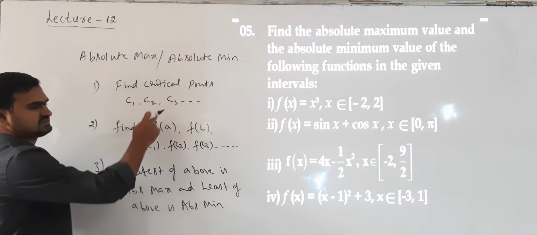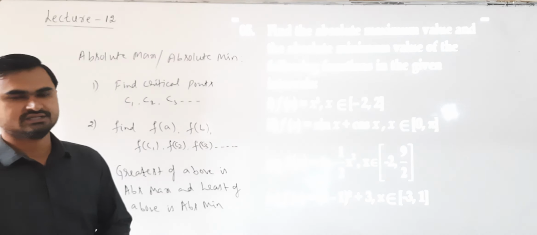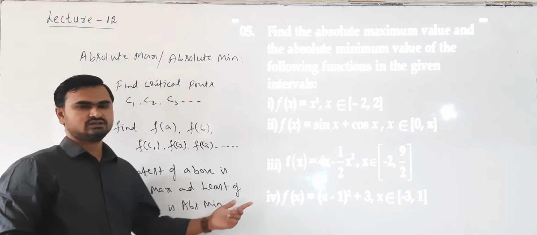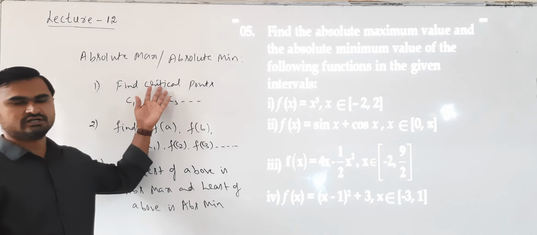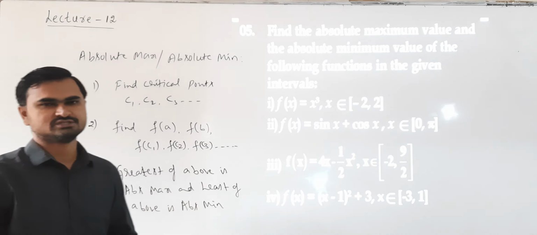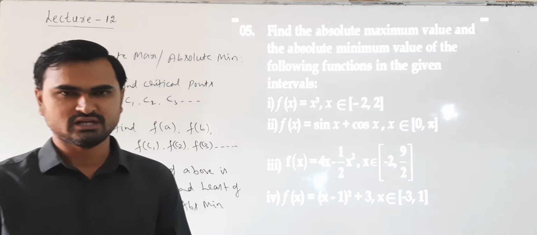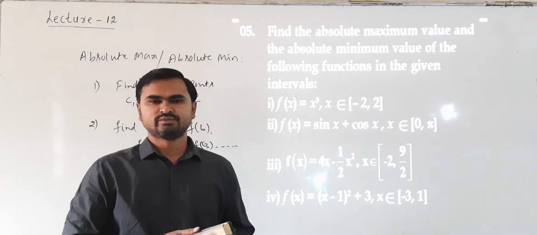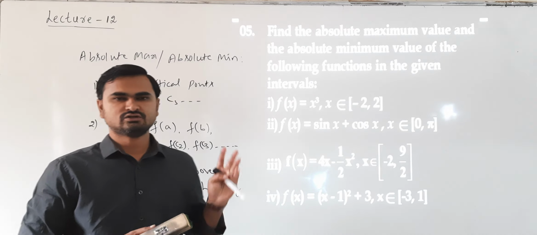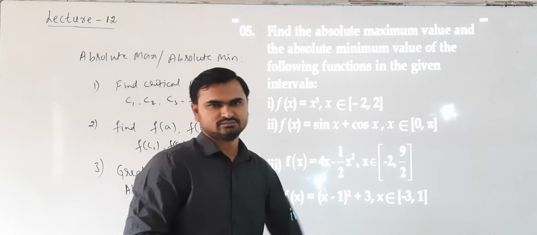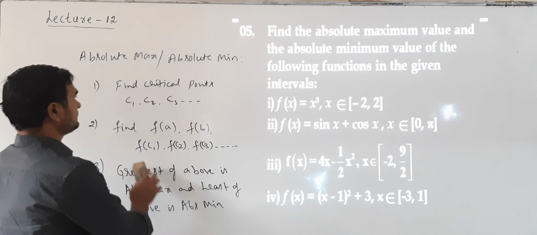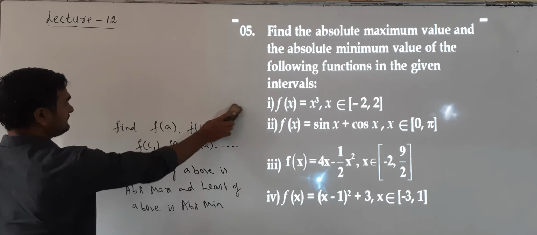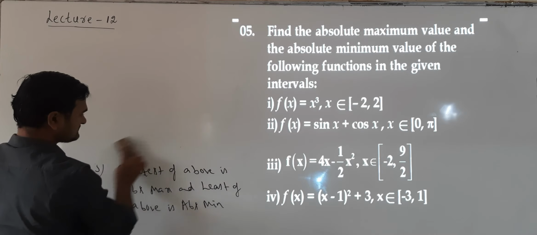So of all these values, whichever is greatest is the absolute maximum value, and the least value is called the absolute minimum value. So this is the working method we have seen for finding the absolute maximum and absolute minimum. Clearly understand the difference between local maxima and local minimum, and absolute maximum and absolute minimum. So here we don't need any first derivative test or second derivative test.